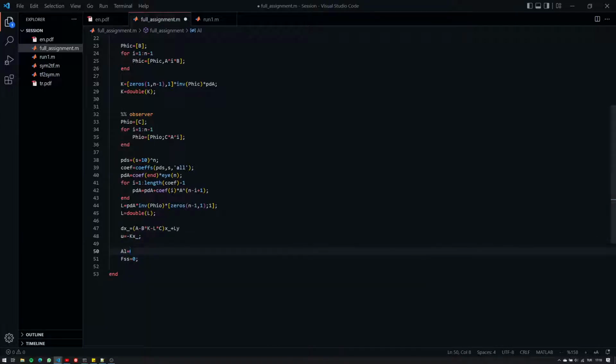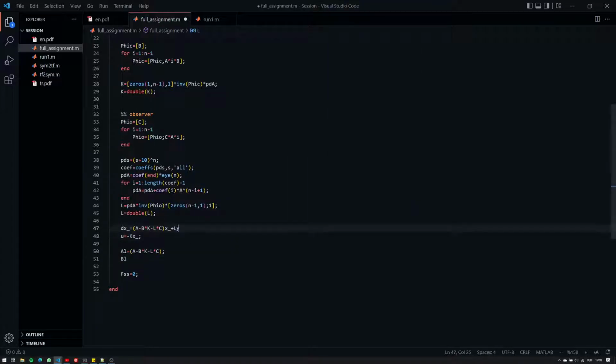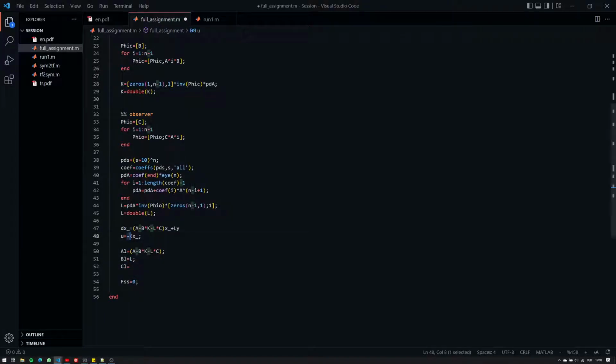So AL is basically this matrix here. BL, this is the input. Y is the input of the controller, or the observer, which is included into the controller. So therefore BL is equal to L. And CL is basically this. Y equals C times X.